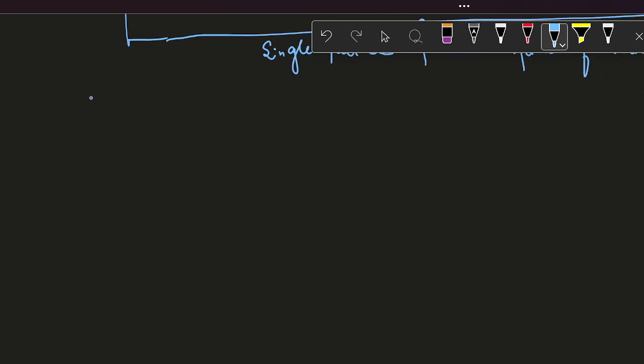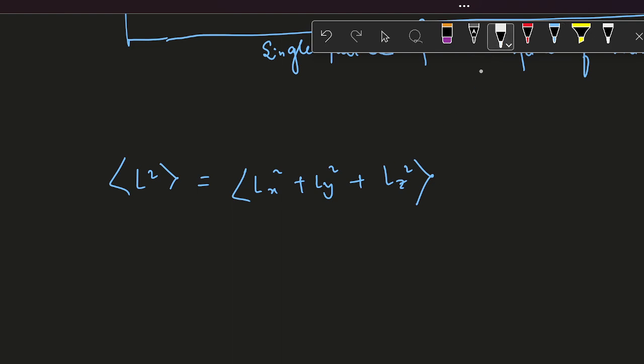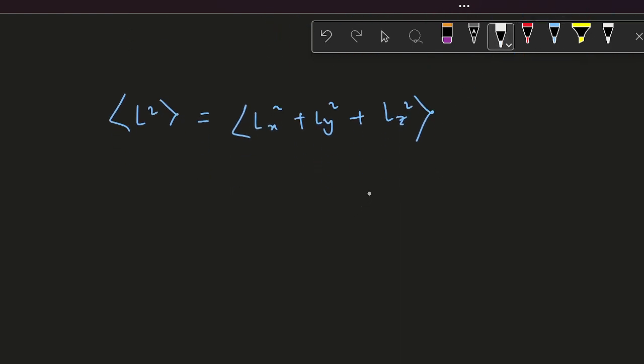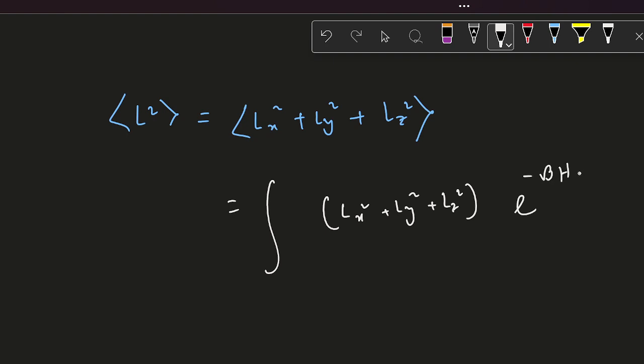Now our question is that you have to calculate the L squared average, where L squared is nothing but Lx squared plus Ly squared plus Lz squared. You know the integral formula for this kind of statistical average. You take the quantity and multiply it by the Boltzmann factor, e to the power minus beta H minus beta omega z Lz here, because this is along z only.